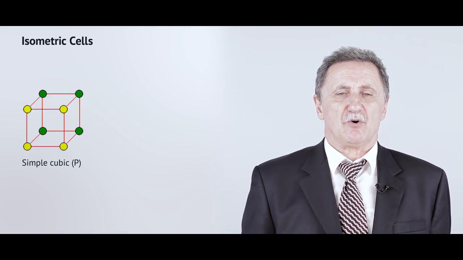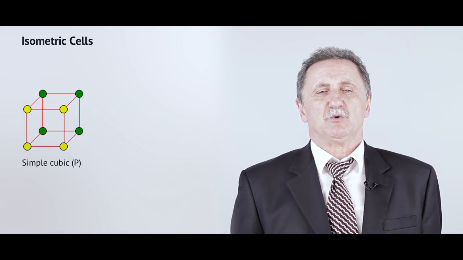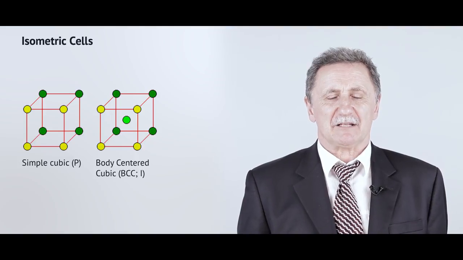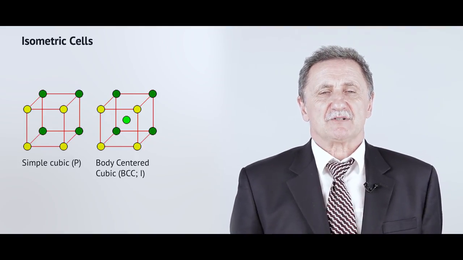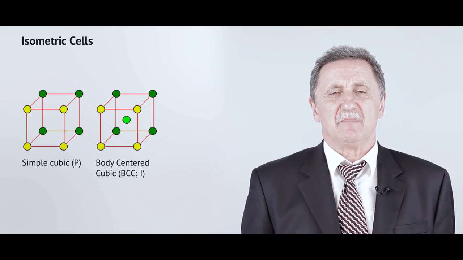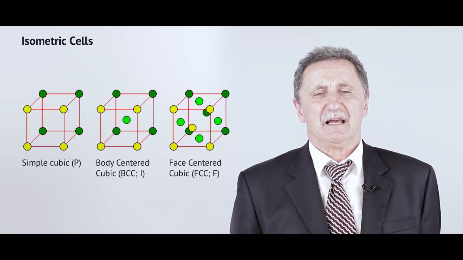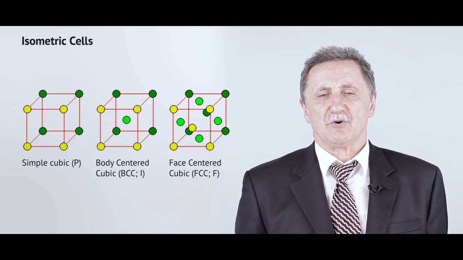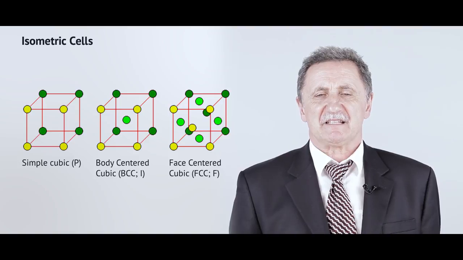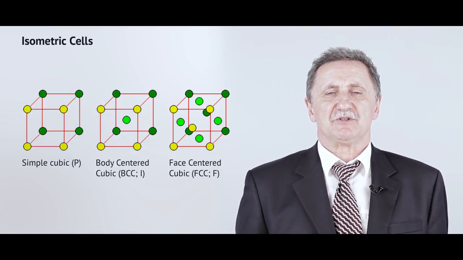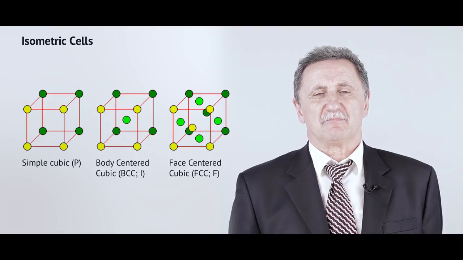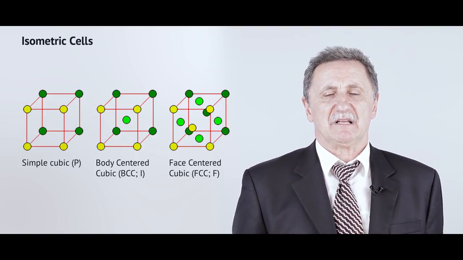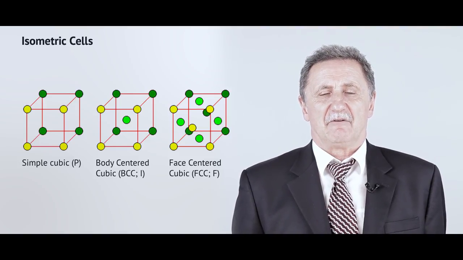The next one is the so-called body-centered cubic, when we have one atom which belongs to this unit cell in the middle of the cube, while 8 atoms are again sitting at the corners of the cube. And finally, we are talking about the so-called face-centered cubic, FCC structure, and the letter F is used to define this Bravais lattice. In this case, we have atoms sitting in the middle of each face of the cubic structure.